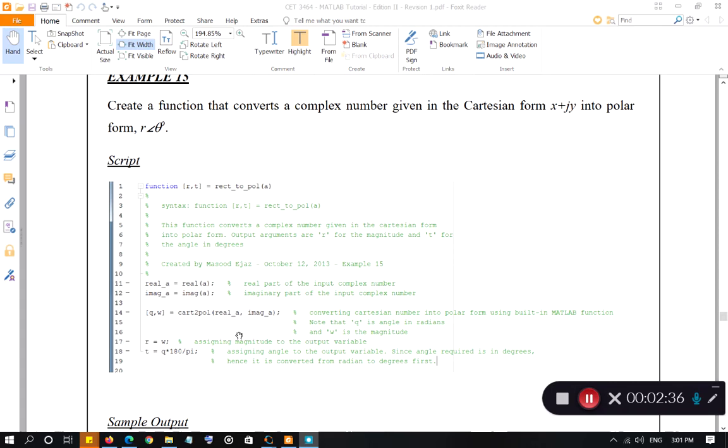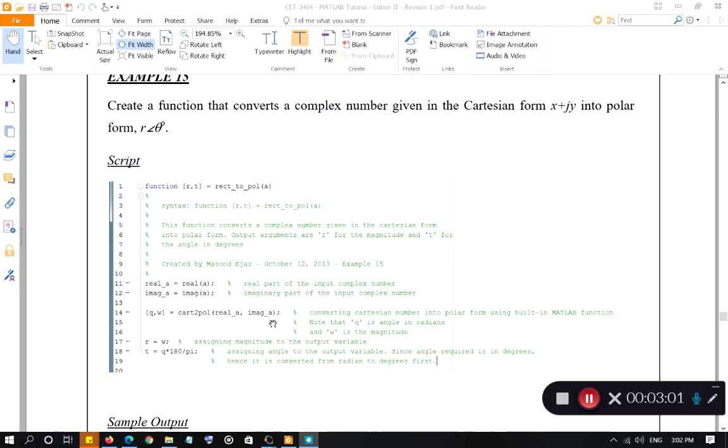If you check help of cart2pol, it has two outputs. The first output is angle, which is given in radians, and the second output is magnitude. The input of the cart2pol function is x, the real part of the rectangular number, and y, the imaginary part.